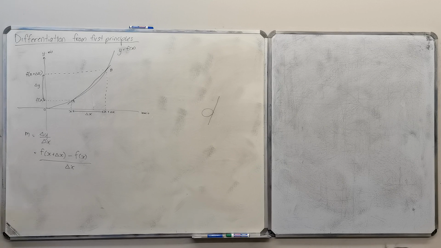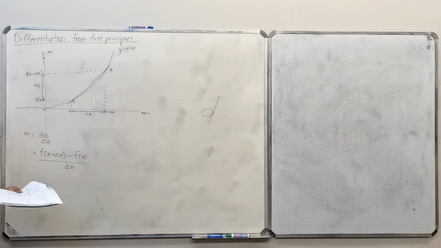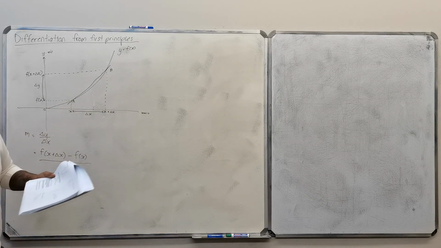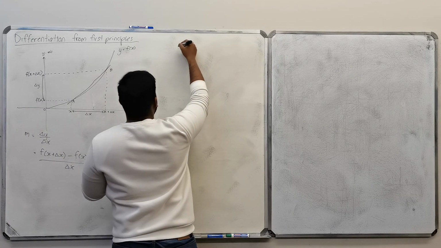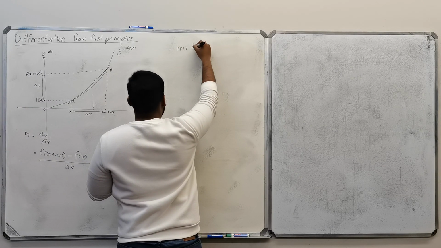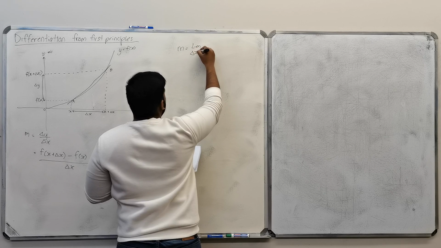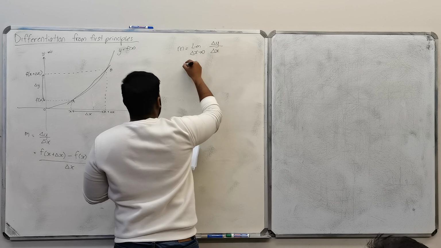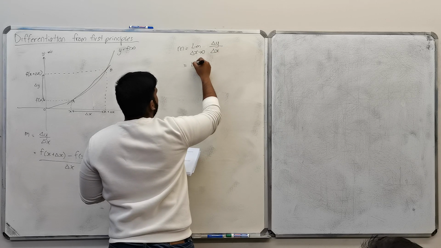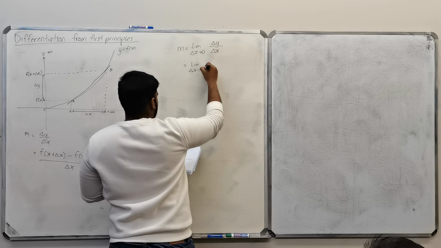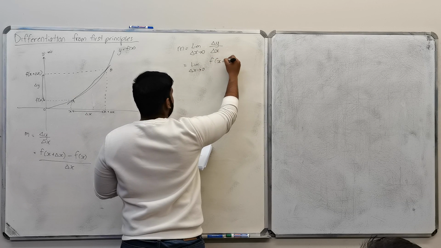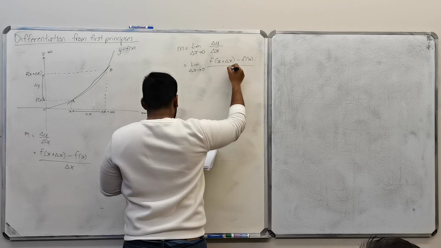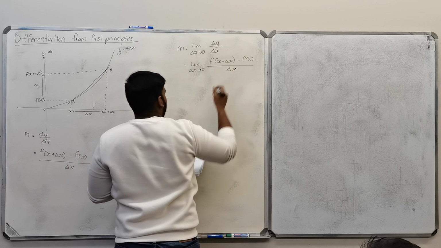Okay? So the formula will now become, if we introduce limits, the gradient of the tangent to f of x now becomes the limit as the change in x approaches 0 for that. And then remember we said delta y over delta x is equal to f of x plus delta x minus f of x all over delta x, right?